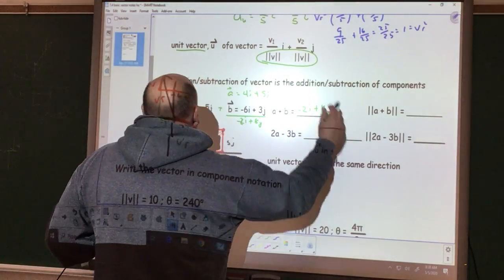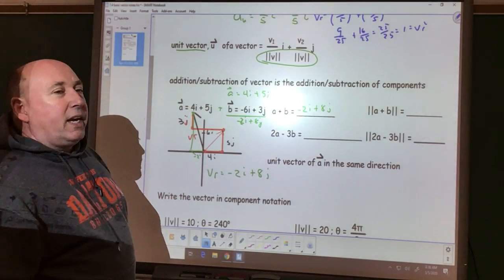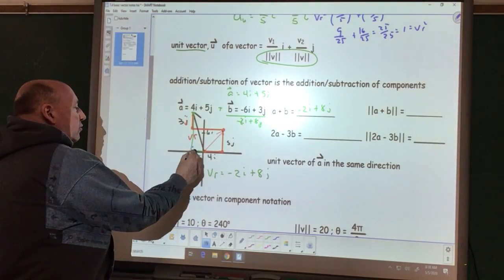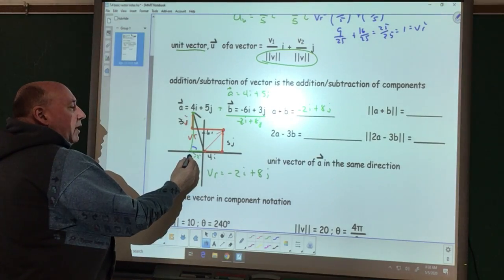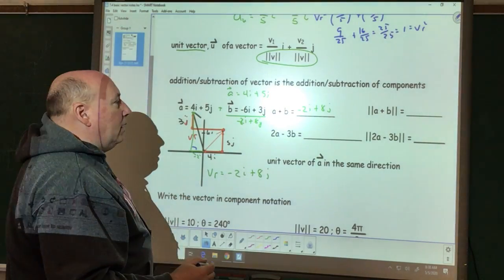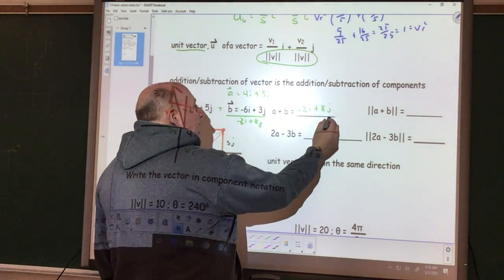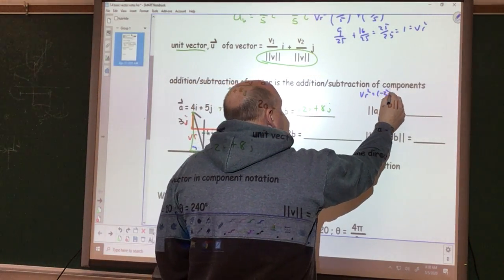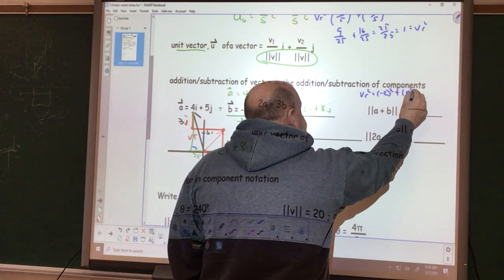By what we just did up above, we can just look at the components of this right triangle. I go negative 2 here, I go 8 up, which is negative 2 and 8. So we have VR squared is equal to negative 2 squared plus 8 squared.